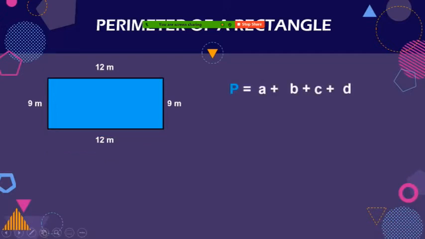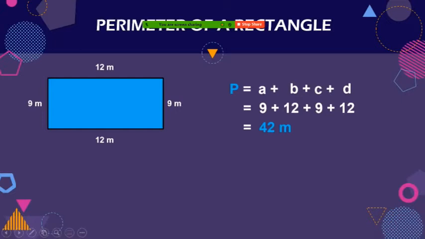Let's label the sides as A, B, C, D. The formula that we can use is P equals A plus B plus C plus D. Let's say A is 12, B is 9, C is 12, and D is 9. So add them all up.